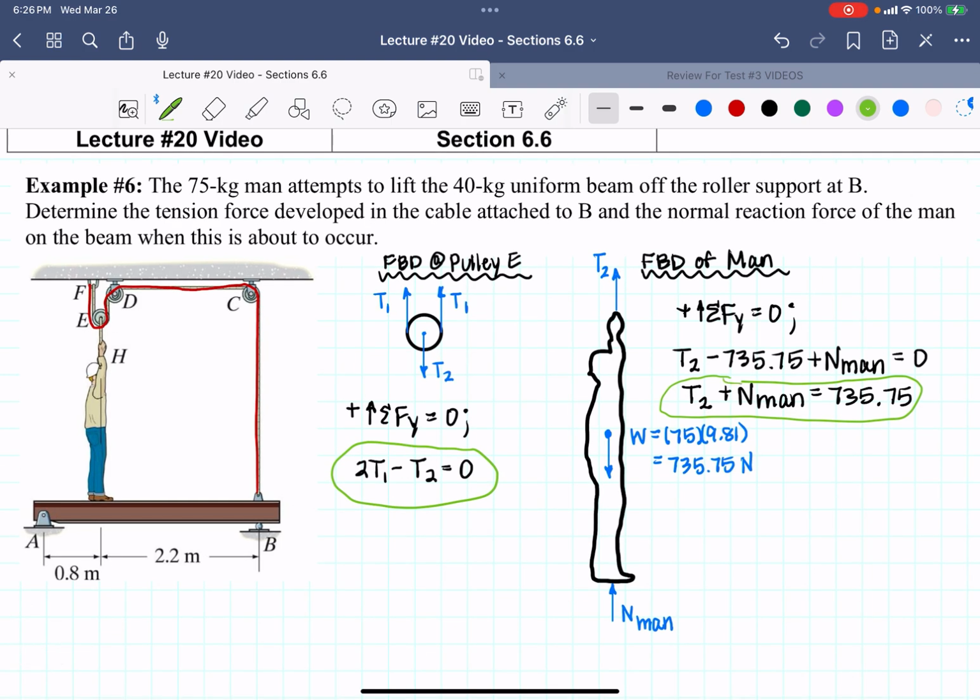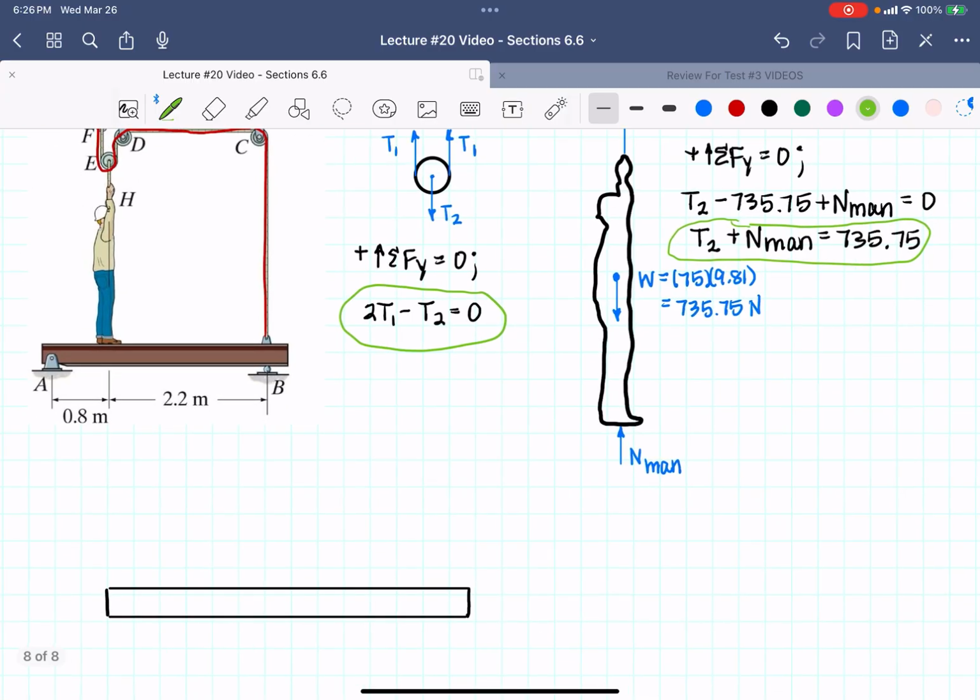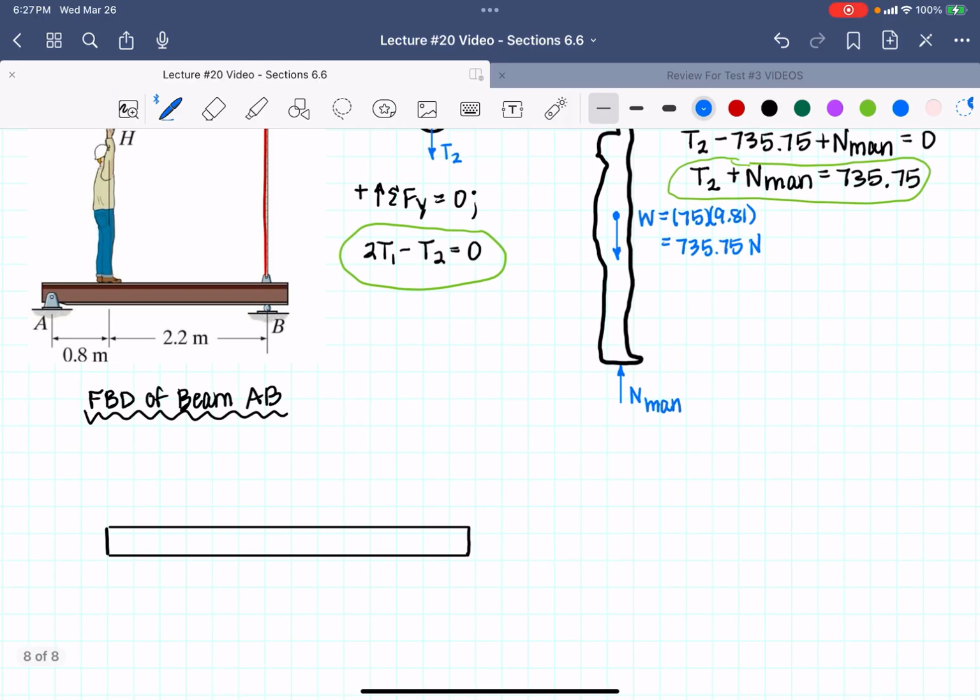So now let's look at the beam AB, FBD of beam AB. All right, so looking at beam AB and its forces, it's got a pin on the right side where A is.